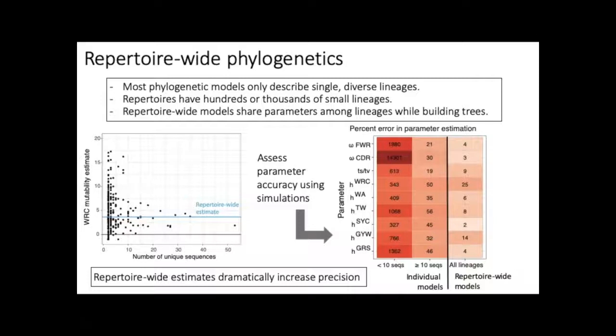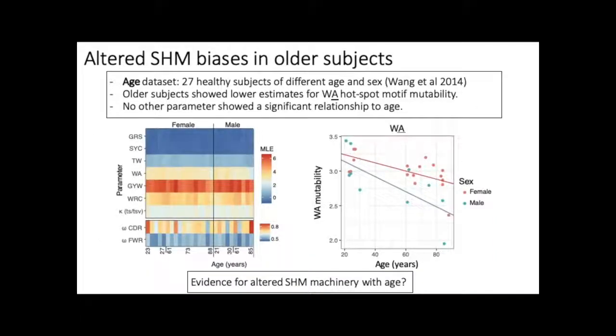If we use simulations to try to assess the accuracy of these parameter estimates, we can see that estimating these parameters for small lineages is incredibly error-prone, almost meaningless. With more sequences, we tend to get better estimates, and with repertoire-wide models, we have far better precision in estimating these parameters.